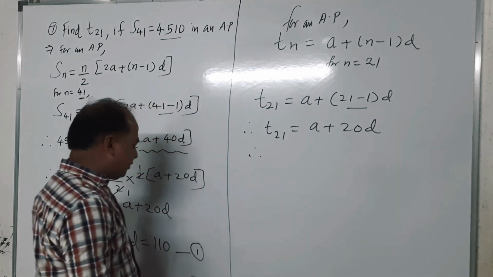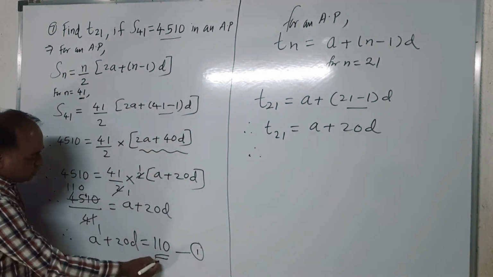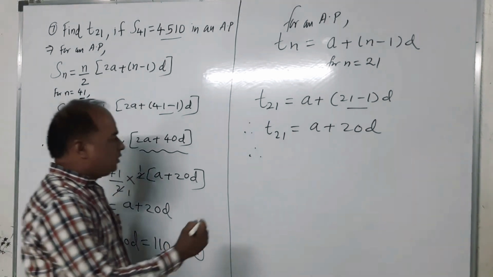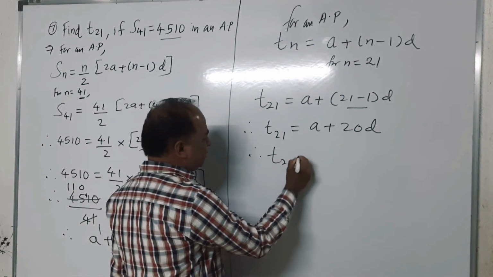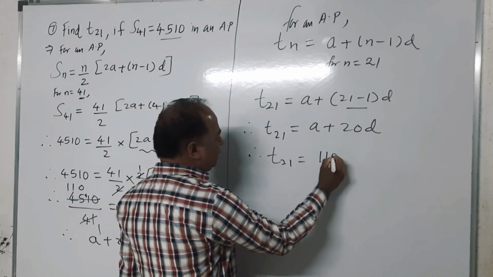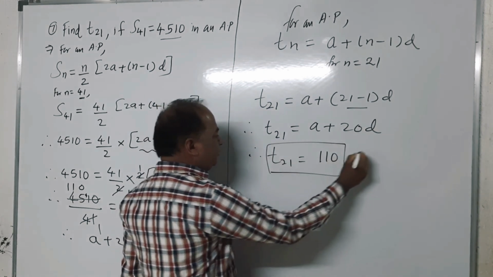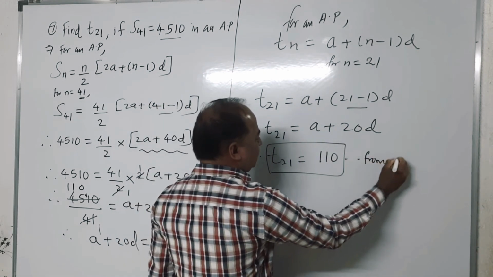Therefore, a plus 20d is equal to 110. So from equation number 1, T21 is equal to 110.